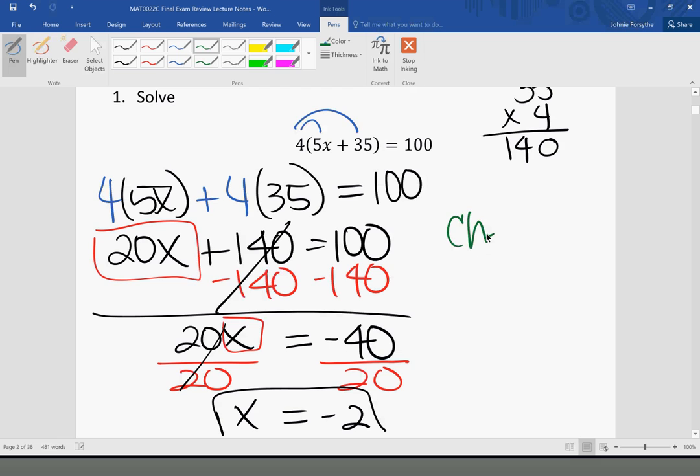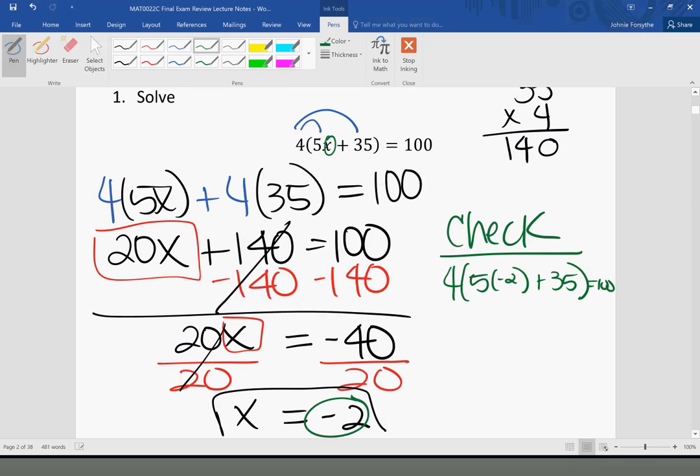And just so you know, you can always check an equation's answer by plugging it back into your equation. So you would have 4 times (5 times negative 2 plus 35) equals 100. So that'll be 4 times (negative 10 plus 35) equals 100.